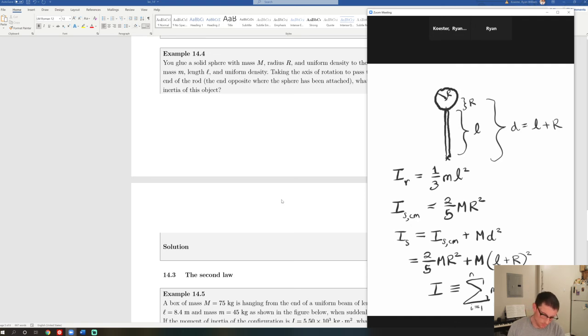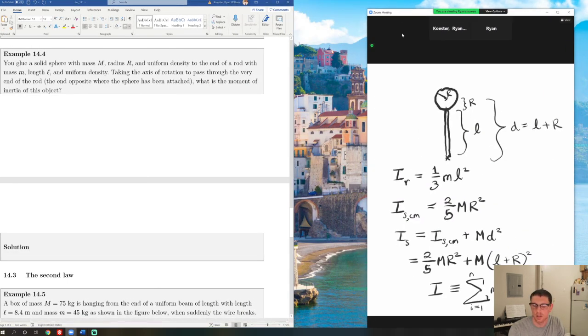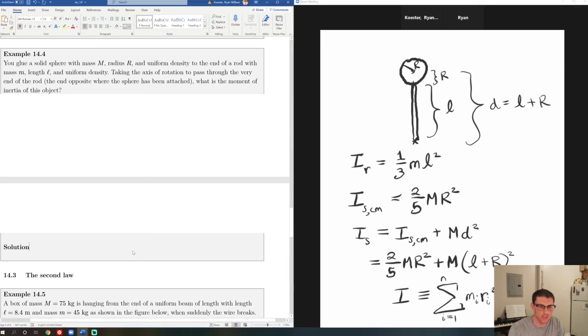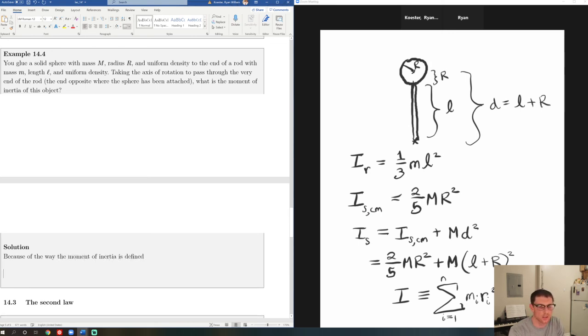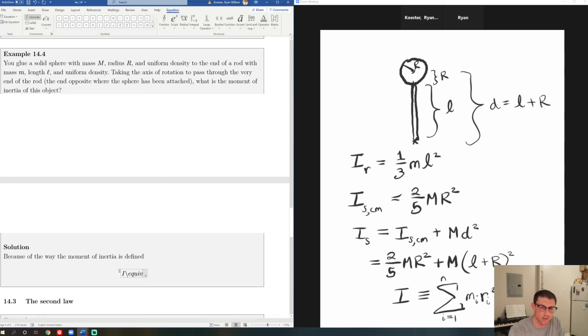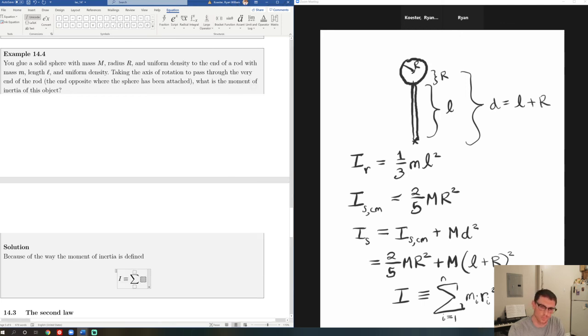And if we, let's see here, let me put this in the document because I want to leave the sketch up, but I also want to write some stuff down nicely and neatly for you. So let me just say this. Because of the way the moment of inertia is defined, let's rewrite it. We say it's defined to be a sum.